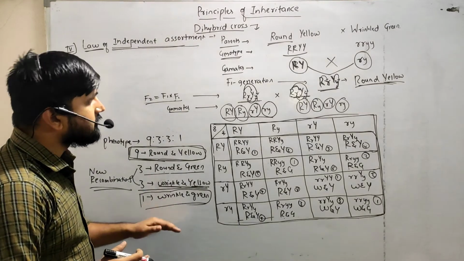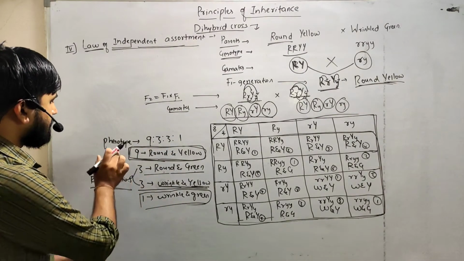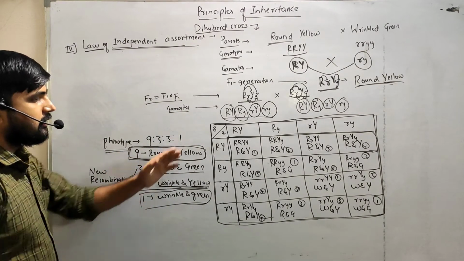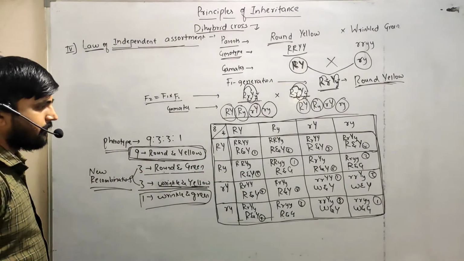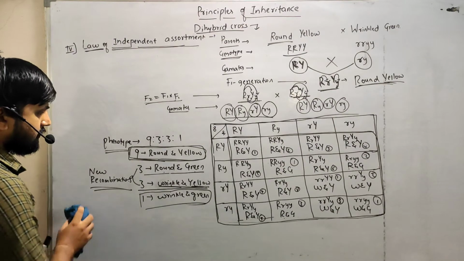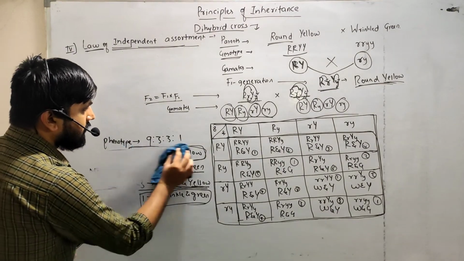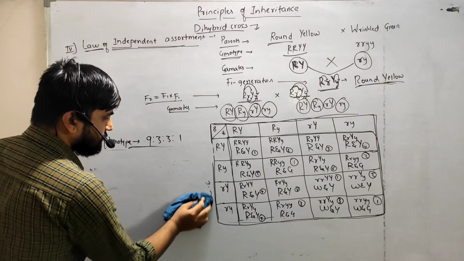Okay, so this is about the dihybrid cross, right? This is the phenotype of the F2 generation, 9:3:3:1, right?